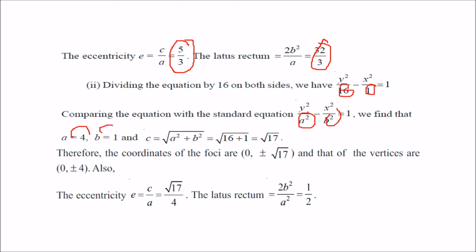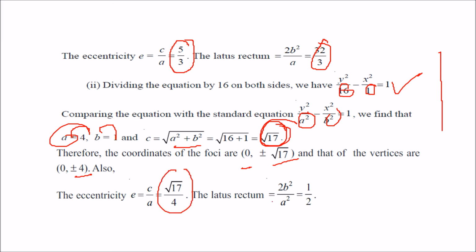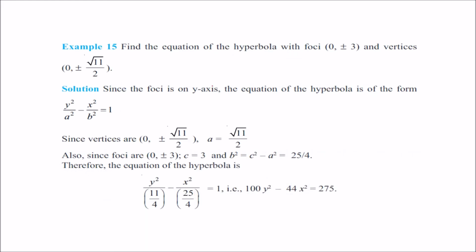So a is 4, b is 1, and c can be computed by under root a square plus b square, that will be under root 17. Now since the transverse axis is your y-axis, x will be 0, but y will be plus minus under root 17. This we have taken as c, and for a, 0 plus minus 4. And eccentricity would be e equal to c by a, that is under root 17 by 4. And the latus rectum would be 2b square by a, equal to half.